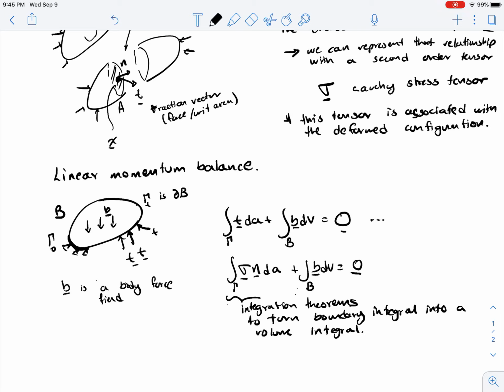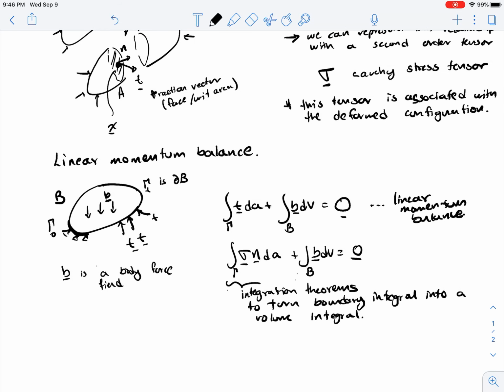So again, this is the linear momentum balance, which is basically the sum of the forces equals 0. If you sum up all the tractions at the boundary plus body forces, they should add up to 0 for the system to be in equilibrium.